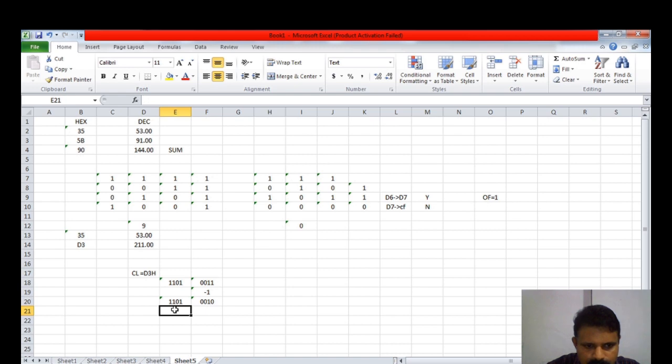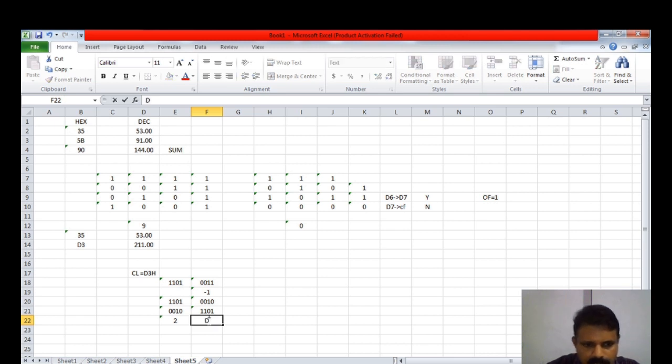Then if you take the 1's complement, it will become 0010 1101. That is hexadecimal 2 and 13, hexadecimal 2D.